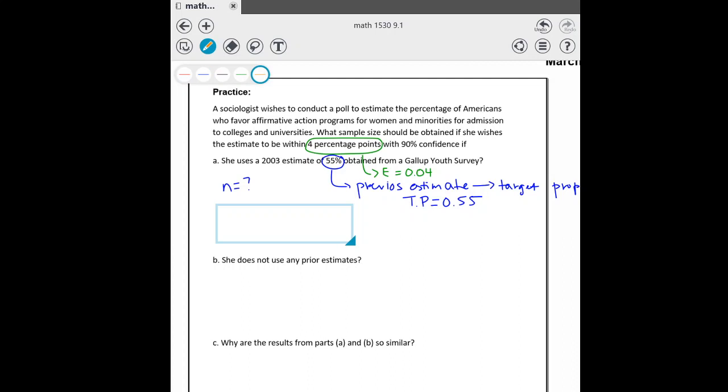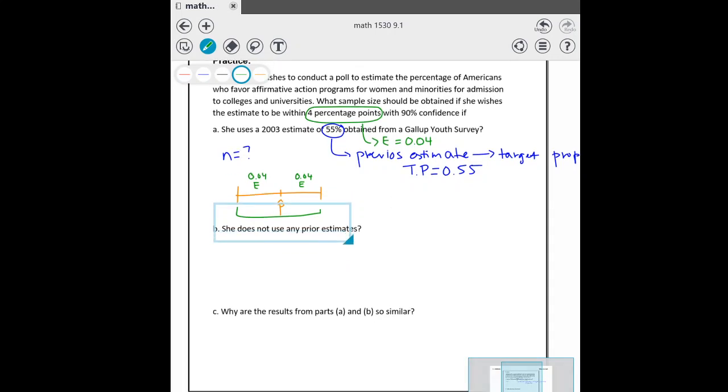We've got to remember, here's our confidence interval. P hat's in the middle, and we have this E on both sides, and our E is 0.04. If we were asked the whole width of the confidence interval, not just E, that would be 2 times 0.04, because there are 2 E's in the confidence interval.